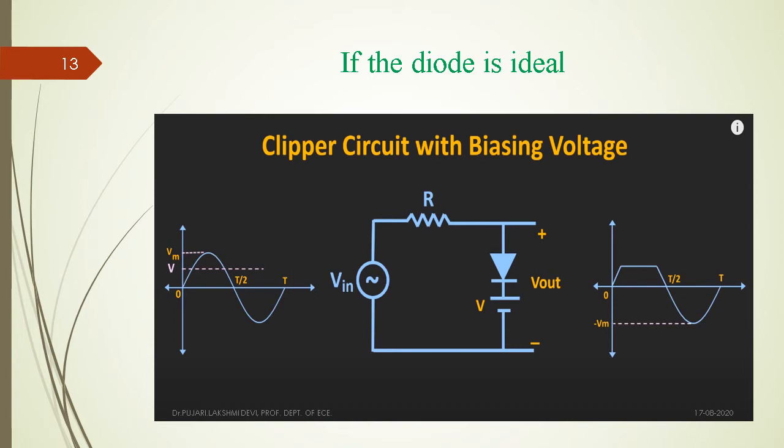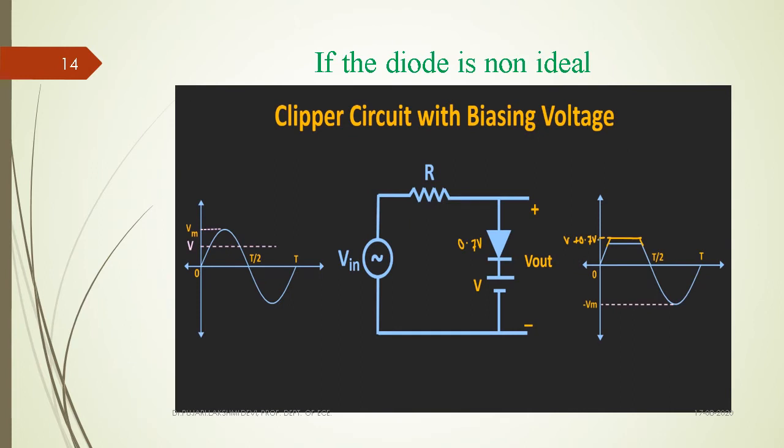If the diode is ideal, then we have this type of flat waveform at 5 volts, which is the biasing voltage supply, a DC voltage. That's the reason it shows 5 volts. Suppose it is not ideal; let us imagine it has some internal resistance.